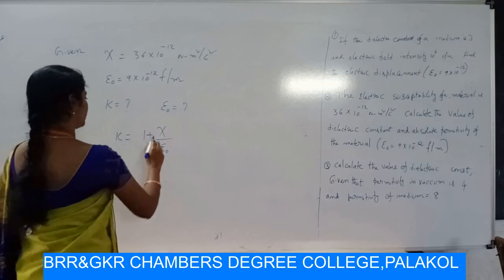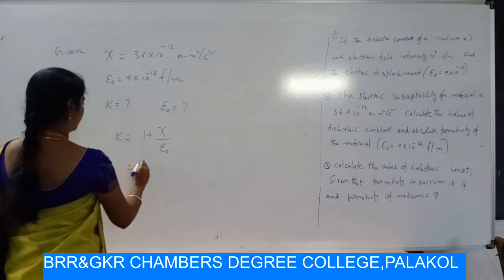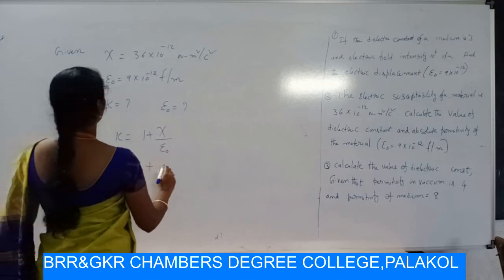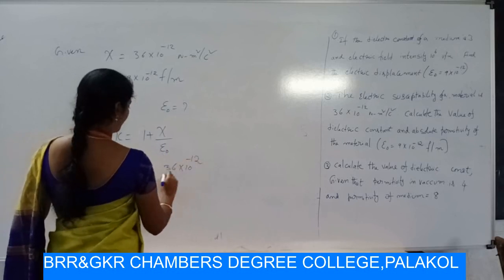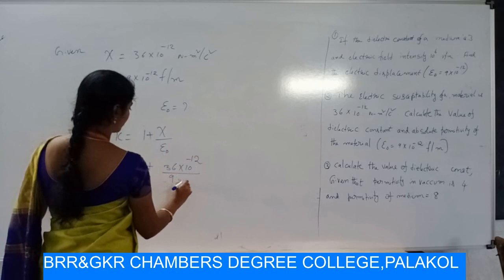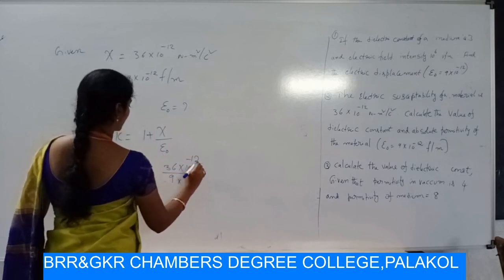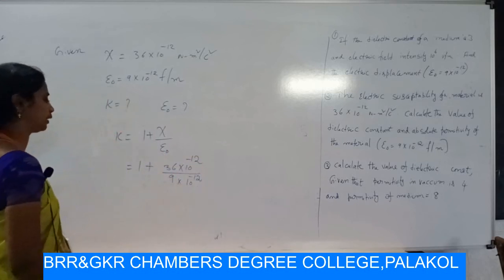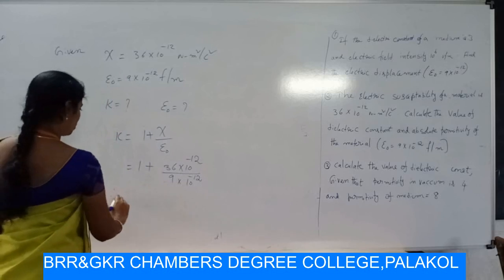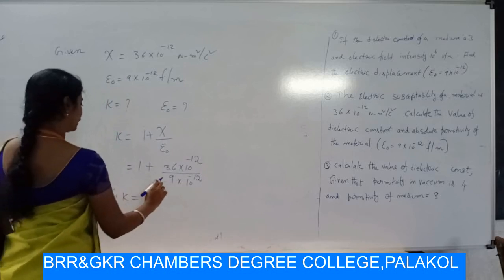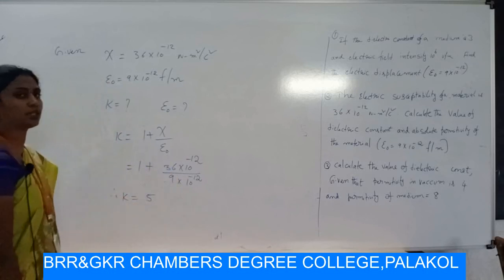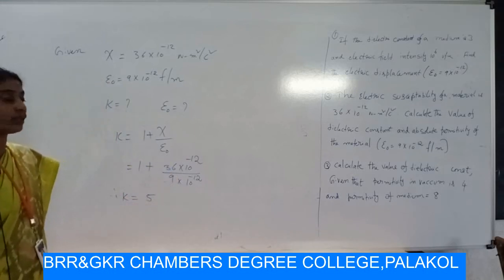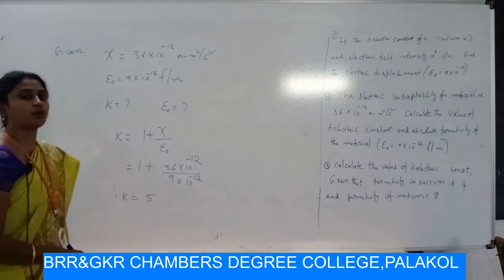By substituting these terms, 1 plus psi value as 36 into 10 power minus 12 and epsilon naught value as 9 into 10 power minus 12. Here the units are the same, so don't change anything. Therefore the value of K is 5. K, the dielectric constant, is a ratio, so it has no units. So that is our second problem.